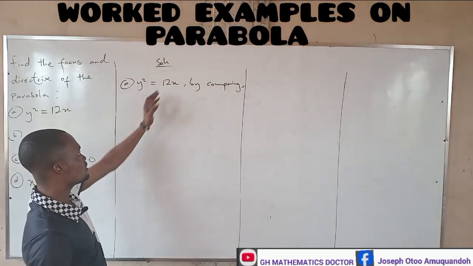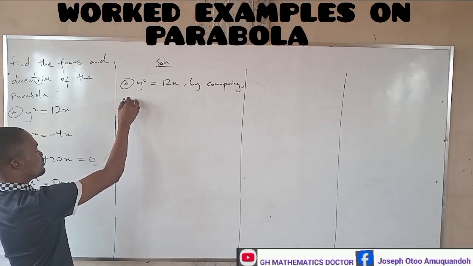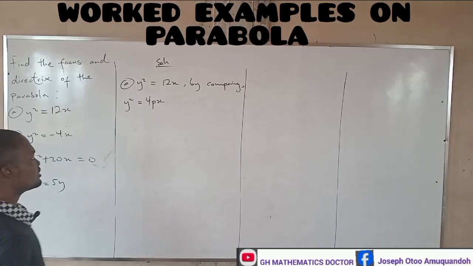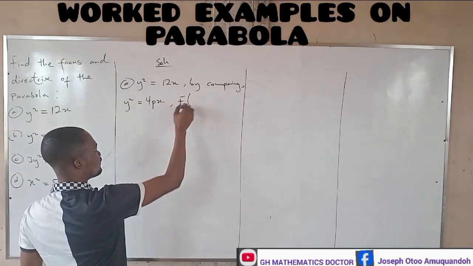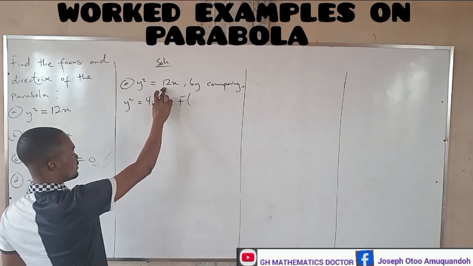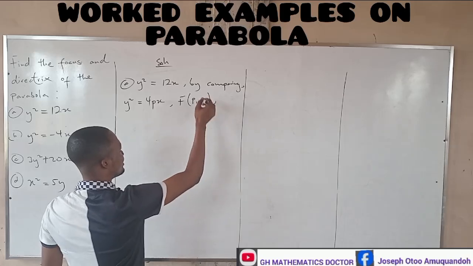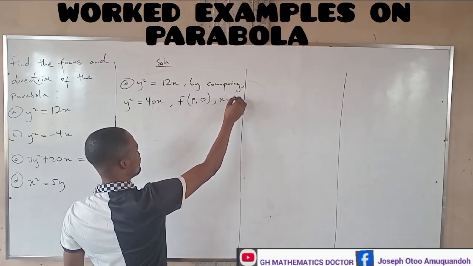And according to this, the orientation we will choose will be y squared equal to 4px. And the focus will be in the form, since it is positive at the x-axis, the focus will be (p, 0). And the directrix will be x equal to minus p.